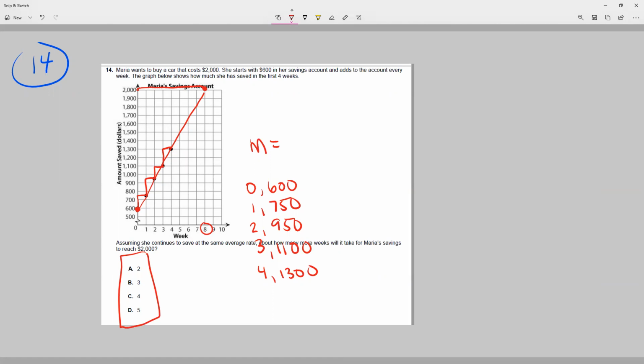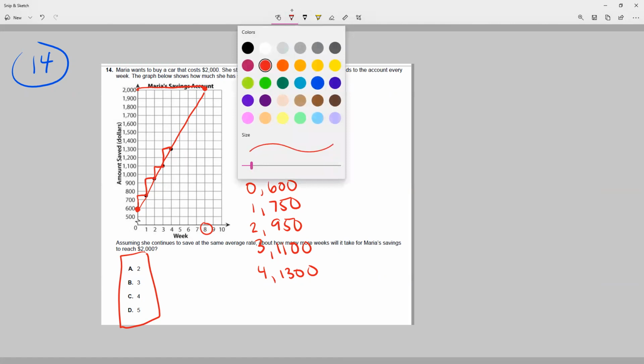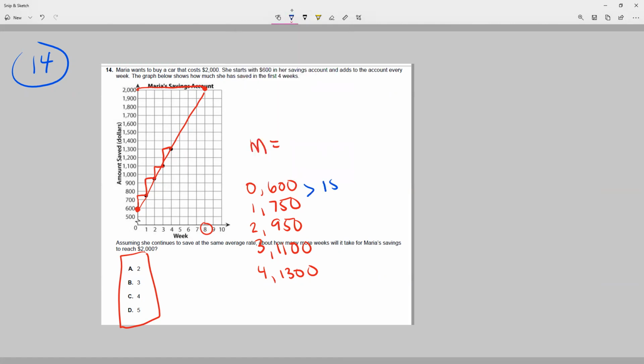She goes up on the first week by 150, and then by 200, and then by 150 again, and then by 200. So maybe we'll just continue that pattern. Up 150, and then 200. That seems like 8.